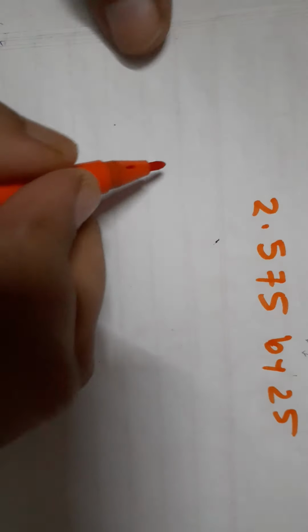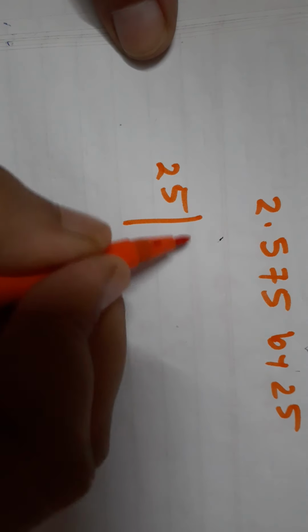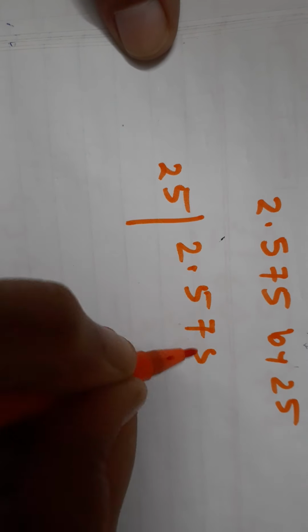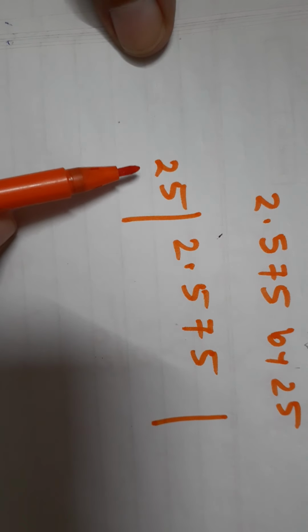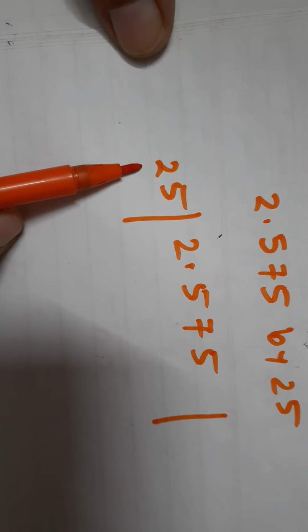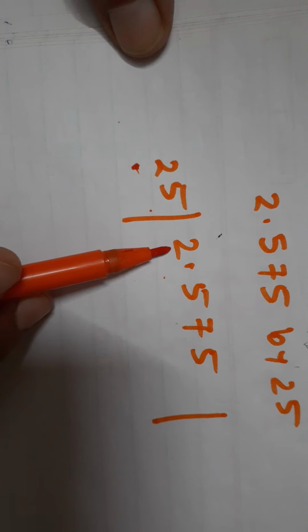Now see, here we are dividing 2.575 by 25. When we divide this 2.575 by 25, we write it first in this way. Then you can see that 25 is here and here is only 2.